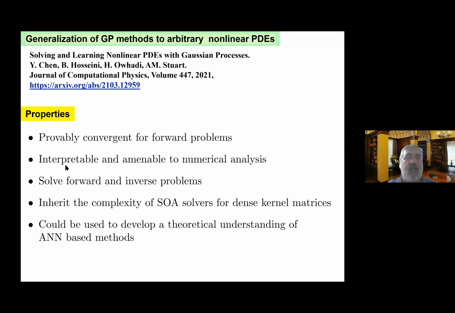It is interpretable and amenable to numerical analysis. It can be applied to solving both forward and inverse problems. It inherits the computational complexity of state-of-the-art solvers for inverting dense kernel matrices. And its underlying framework could be used to develop a theoretical understanding of artificial neural network-based methods.